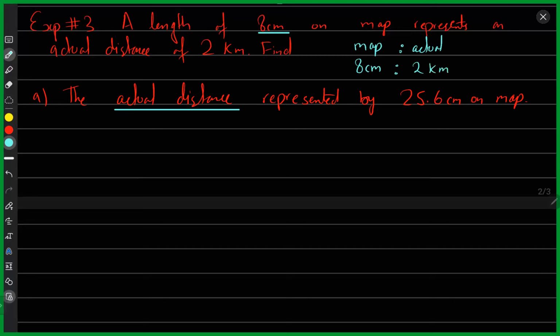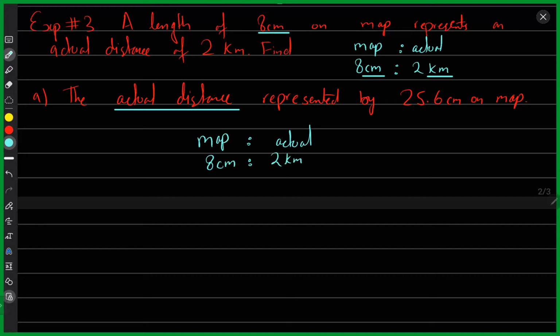The units are centimeters and kilometers. This certainly is distance, so it's perfectly fine. So map ratio actual, it's 8 centimeters ratio 2 kilometers.